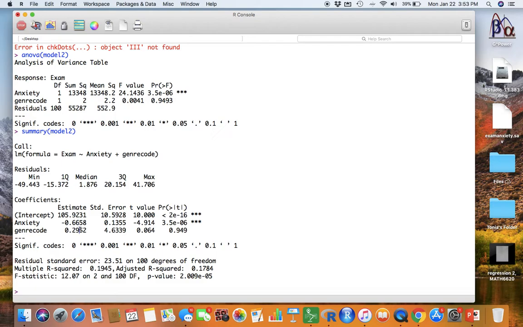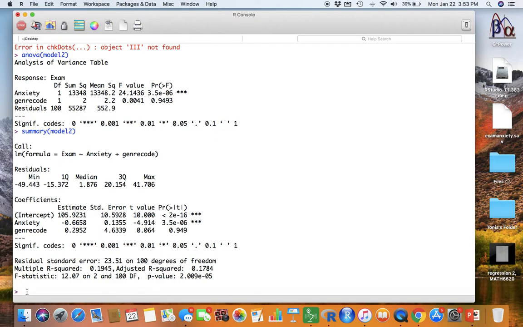I'm jumping from females to males, because females are 0, males are 1. So I can say that controlling for anxiety, the exam score for males is predicted to be 0.295 higher than for females.